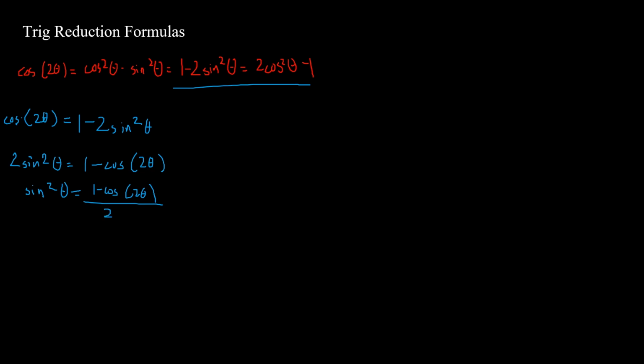Now let's get the trig reduction formula for cosine. So we know that cosine of 2 theta is also the same as 2 cosine squared theta minus 1. Now we can rearrange this expression and get that 2 cosine squared theta is going to be equal to 1 plus cosine 2 theta.